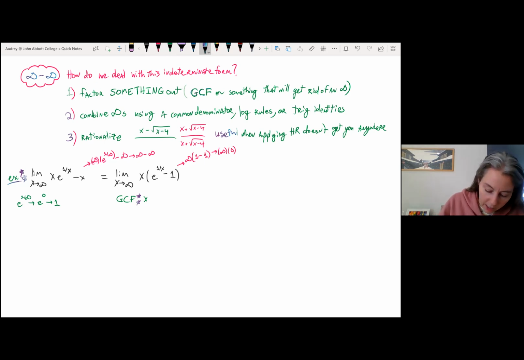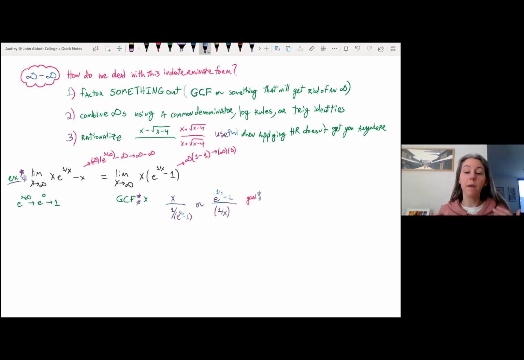So the question is, do I want to do this? Or do I want to do this? Remember, our goal is to bring the function to the bottom that will make L'Hopital's rule the simplest.